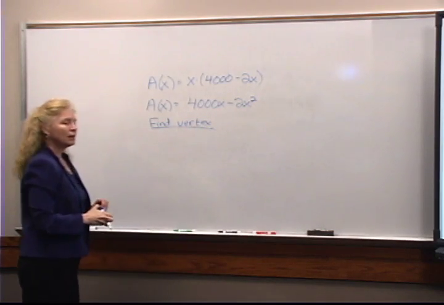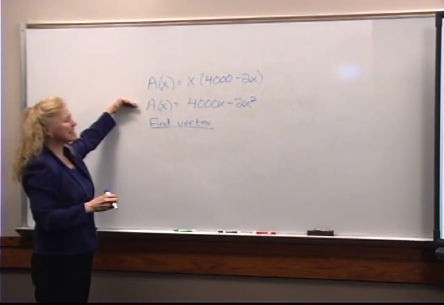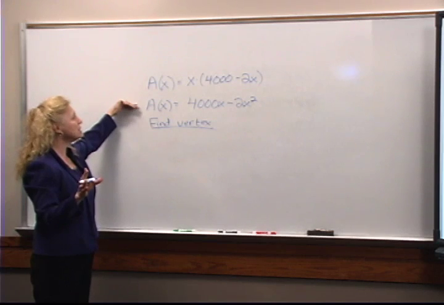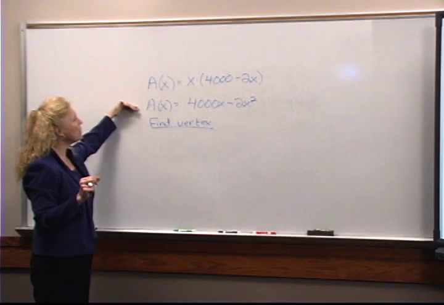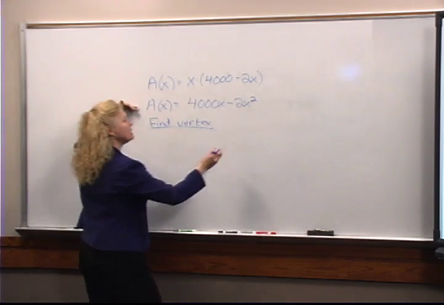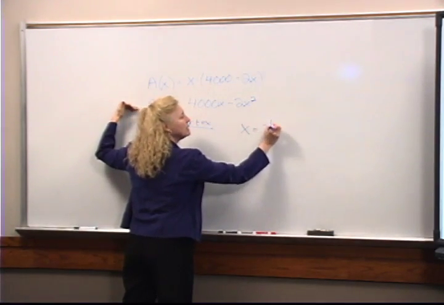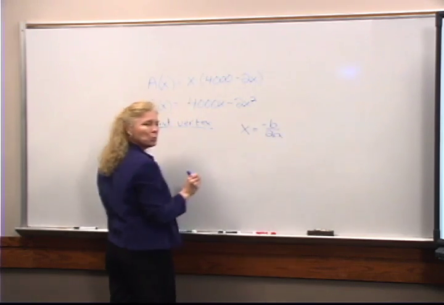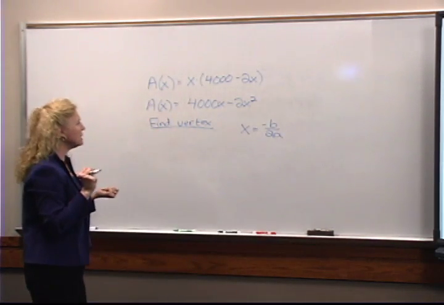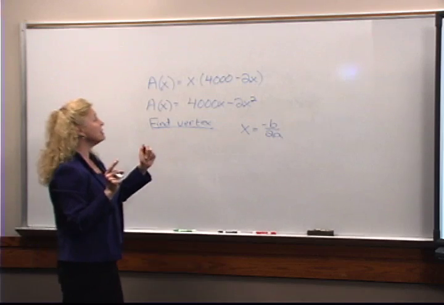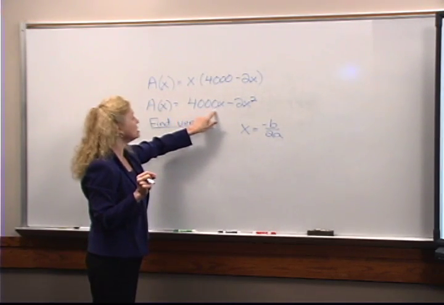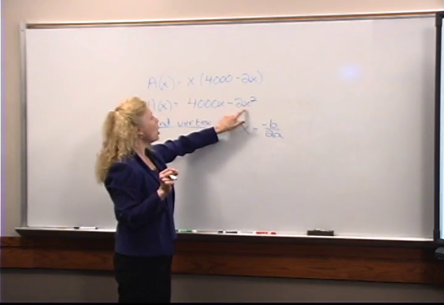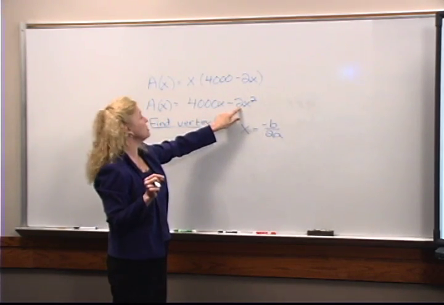Okay? Hey, notice that this is essentially, except for order, in standard form, or the general form, of a quadratic equation. So my best bet is to use my buddy negative b over 2a. It helps me find that vertex quickly. Now keep in mind that the b is always the coefficient on the x term and the a is always the coefficient on the squared term.